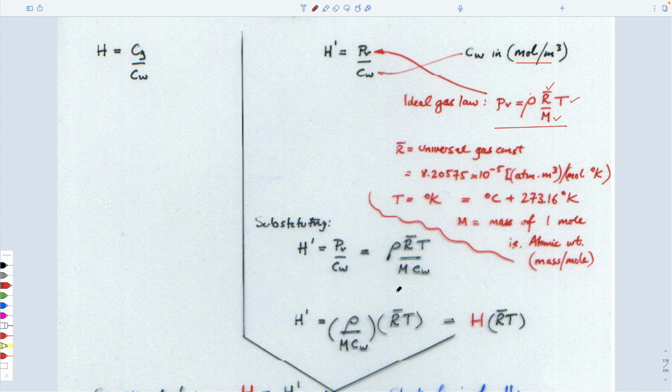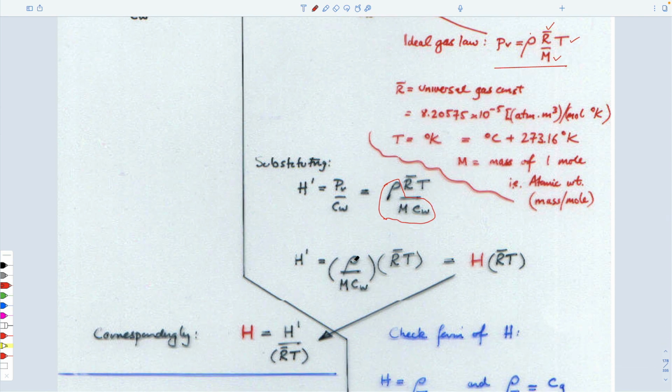If you separate out these terms here, then you have the ratio of a density per unit volume divided by a molar weight, divided by a concentration. So these two represent a ratio of two concentrations.